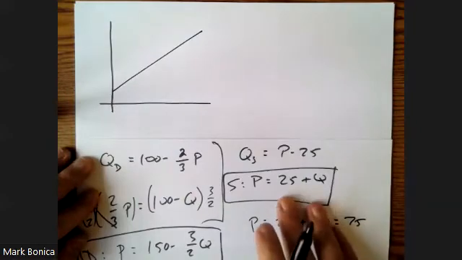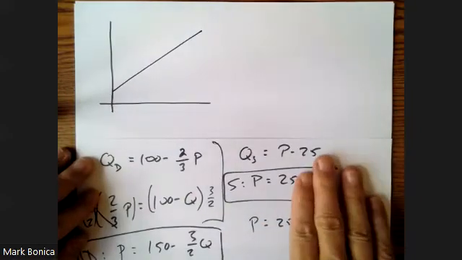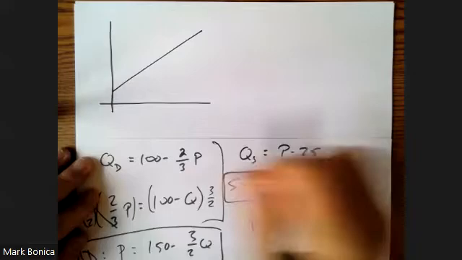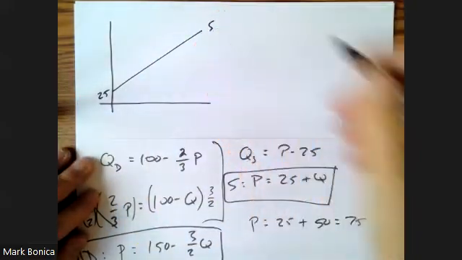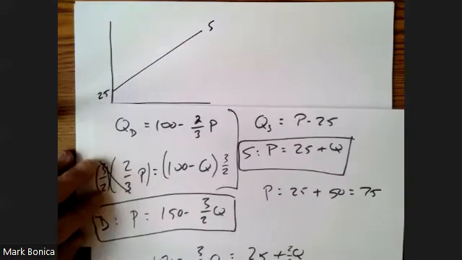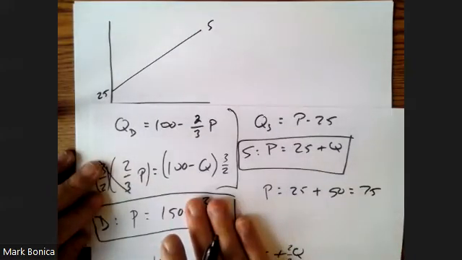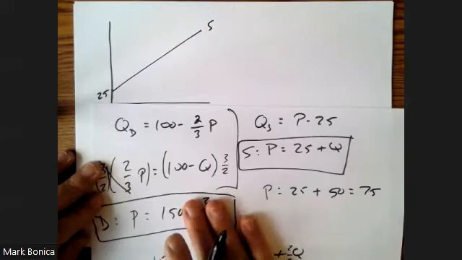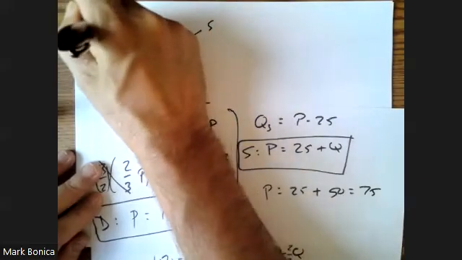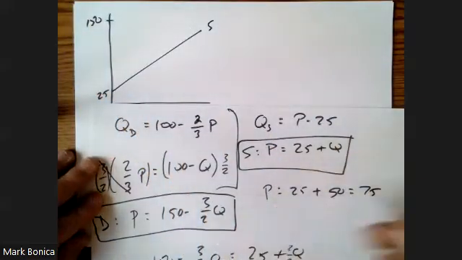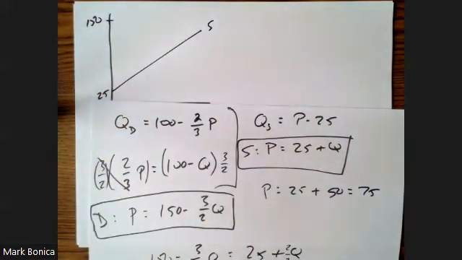Cover up the Q, and it has an intercept of 25, and then it goes up with a slope of 1. For the demand curve, we cover up the 3/2 Q, and it has a y-intercept of 150. Then it goes down at 3/2 Q.